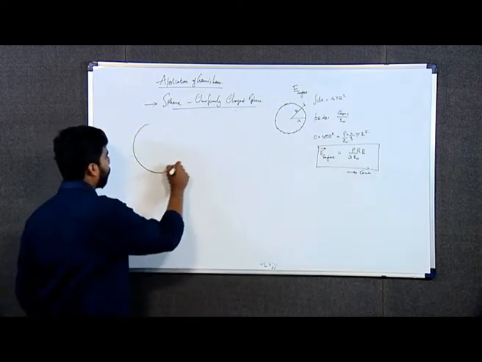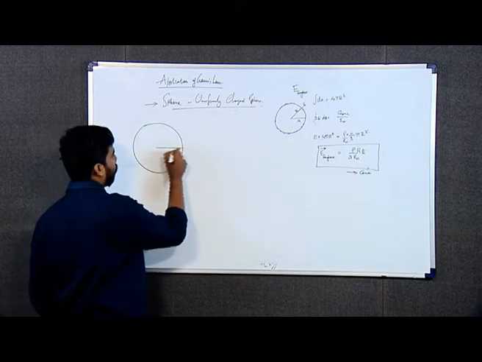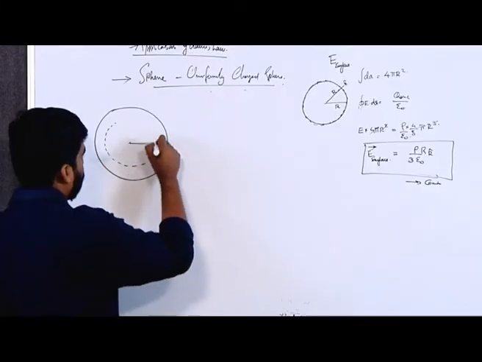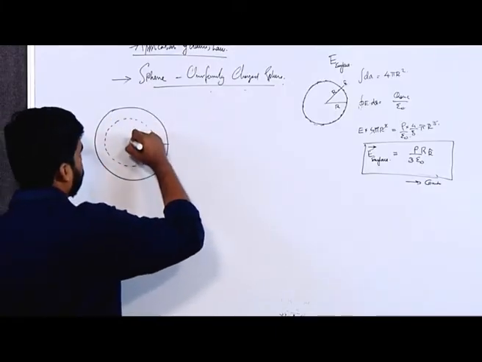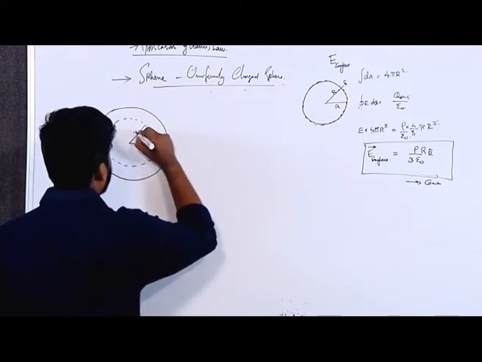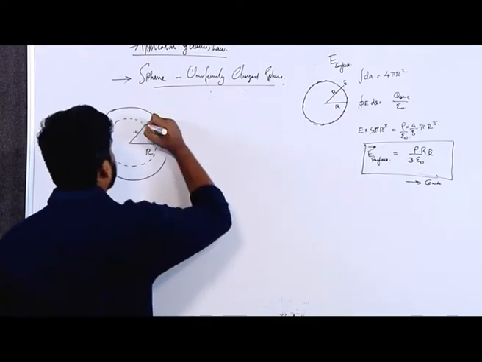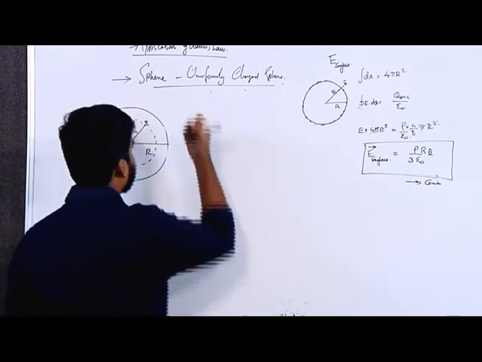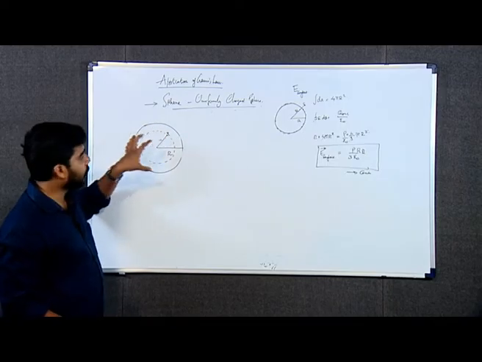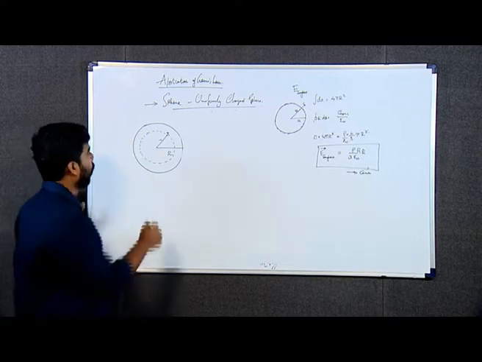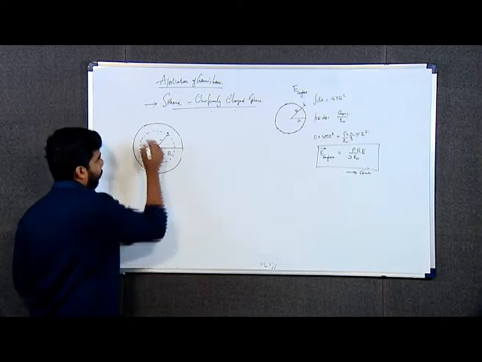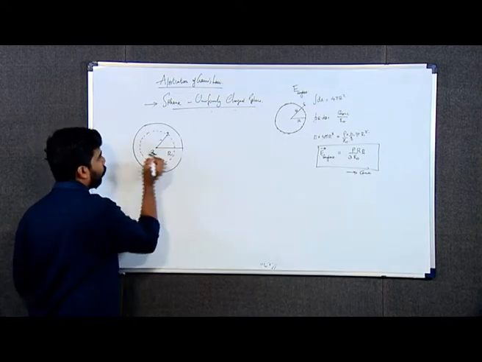This is the sphere of radius R, and inside the sphere we are taking a small radius r1, at which I am considering a Gaussian sphere inside the sphere. Now this is the point where I want to find out how much Q is enclosed through volume. So what is the Q enclosed?